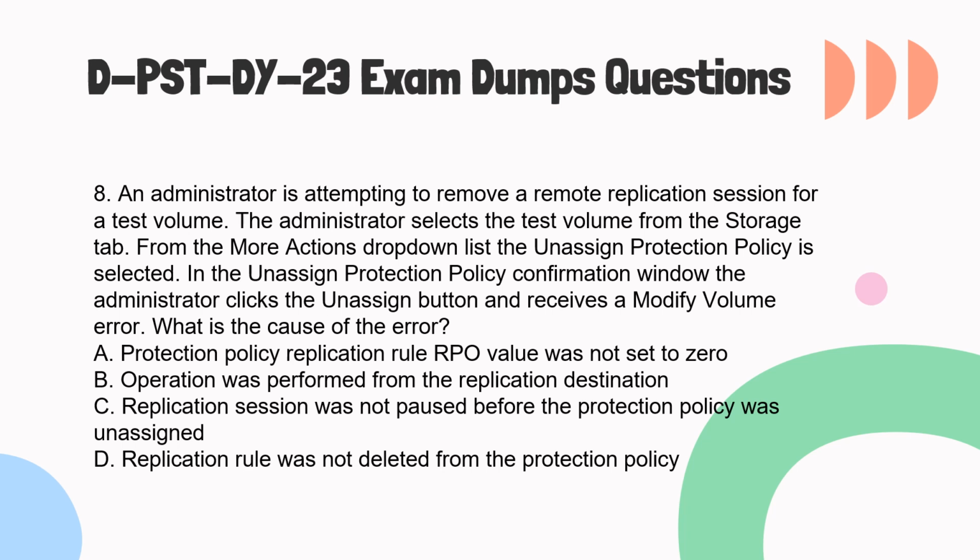A. Protection Policy Replication Rule RPO value was not set to 0. B. Operation was performed from the replication destination. C. Replication session was not paused before the protection policy was unassigned. D. Replication rule was not deleted from the protection policy.